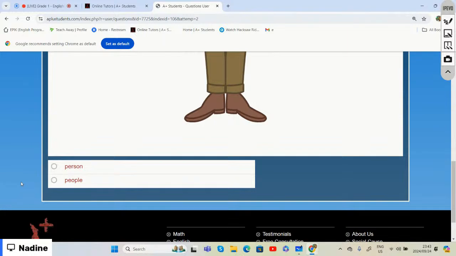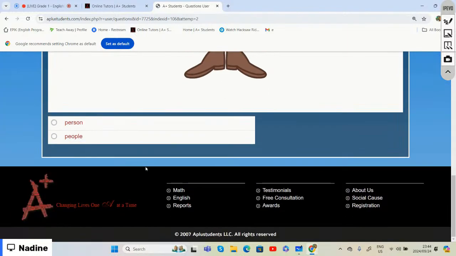Which one is correct? And if we were to choose the correct option, we will say it's one person.